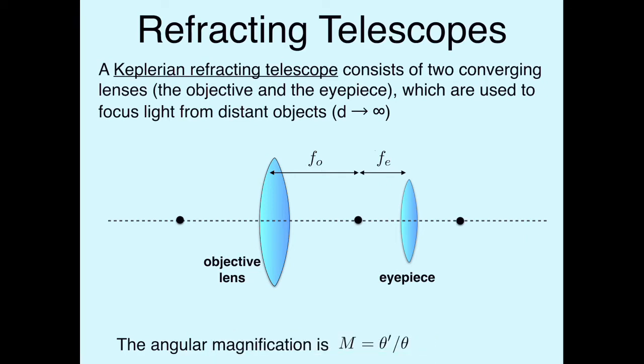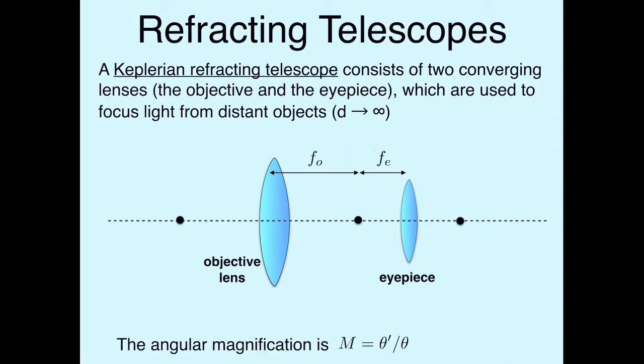One specific type of refracting telescope is called a Keplerian refracting telescope, and it just has 2 converging lenses. So it's a pretty simple design.